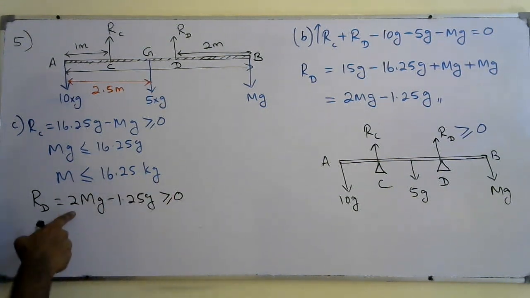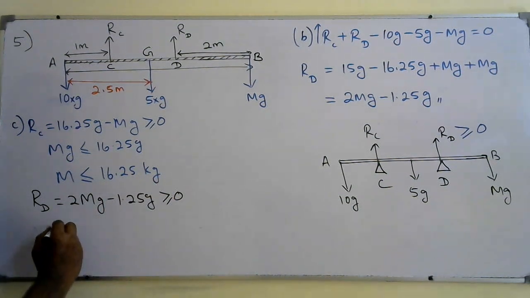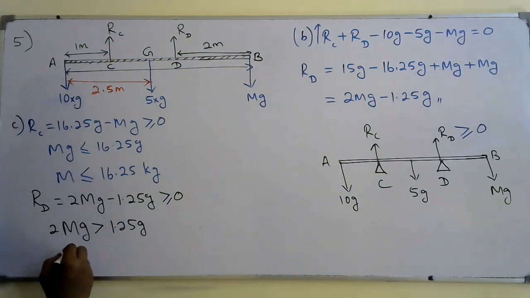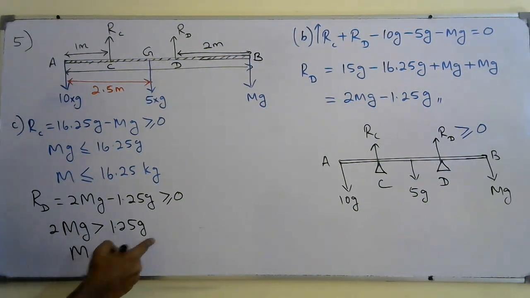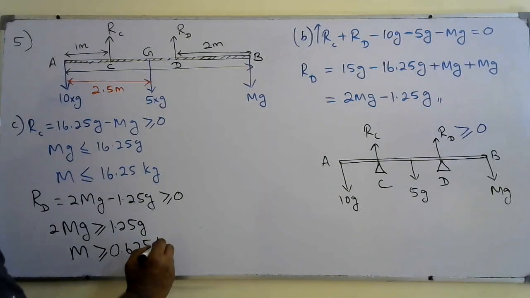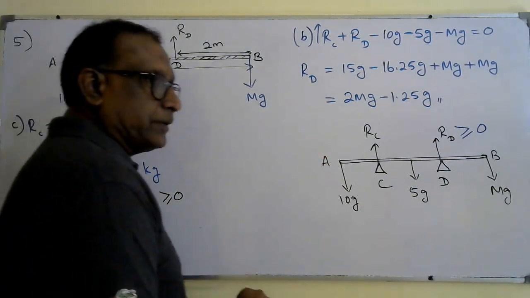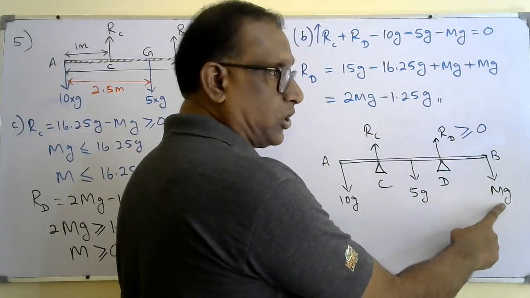Bring it to the other side, so this is 2mg greater than 1.25g, so m must be greater than or equal to, g and g will get cancelled, 1.25 divided by 2, that is going to be 0.625 kilogram.